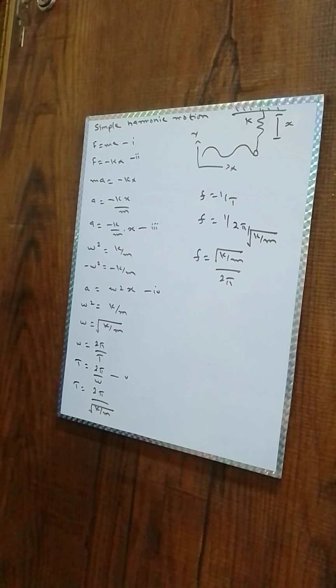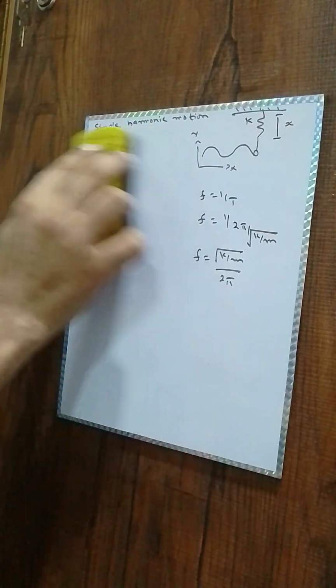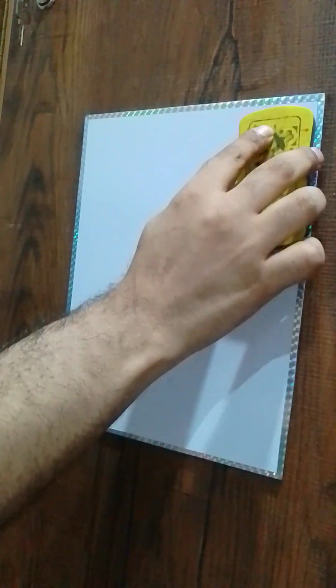And now we have a form for circular motion, which we will develop: circular motion as simple harmonic motion.